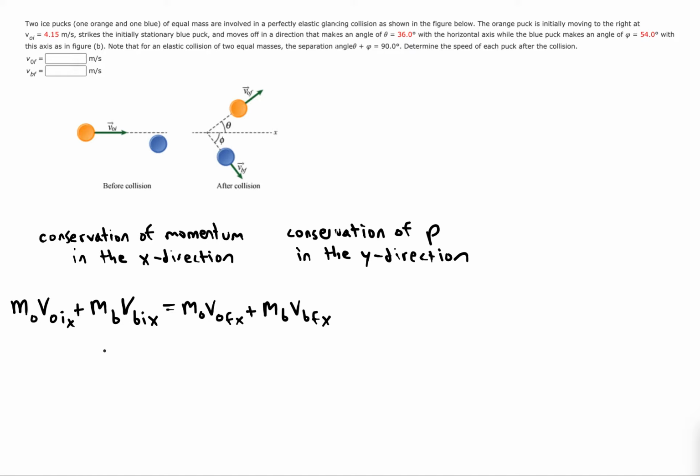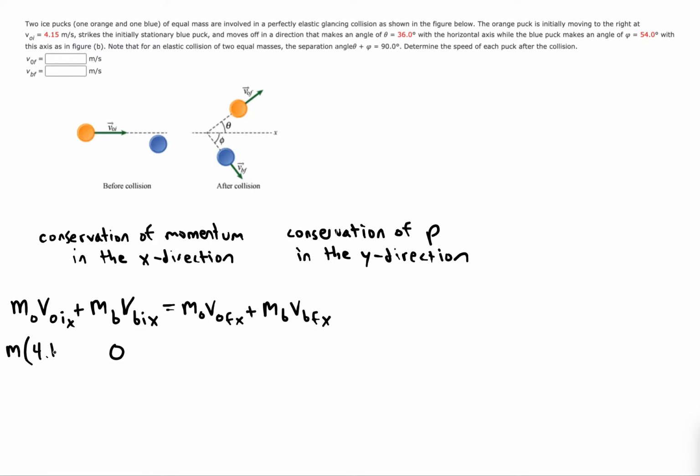Alright, so we already know that this momentum for the blue is 0 initially. As far as the mass goes, we don't know what it is. They're equal, so they would just cancel out. We could make it like 1 kilogram if we wanted, but I could just call them all m.